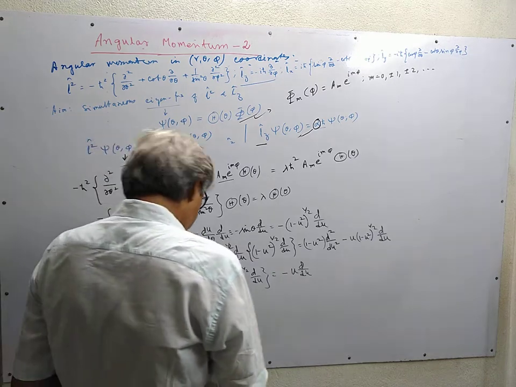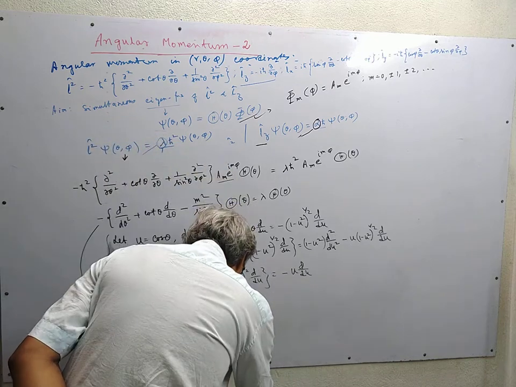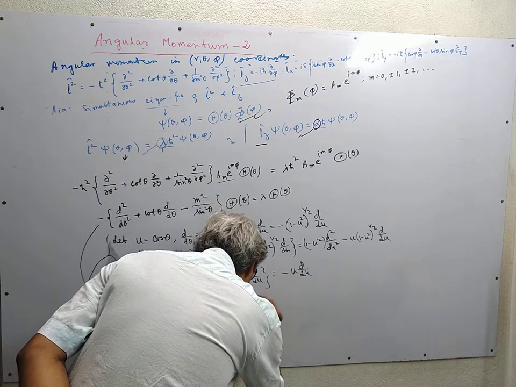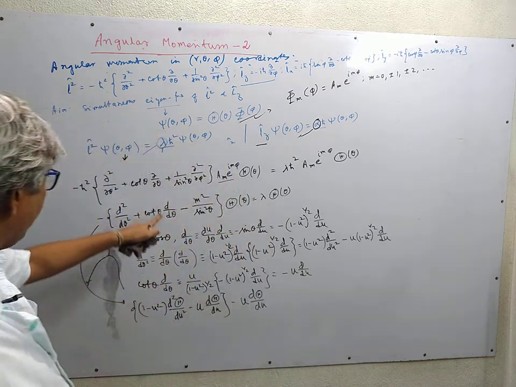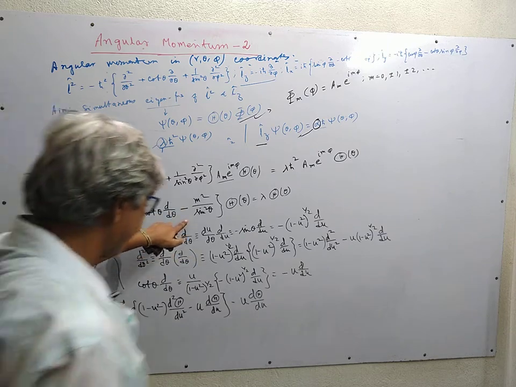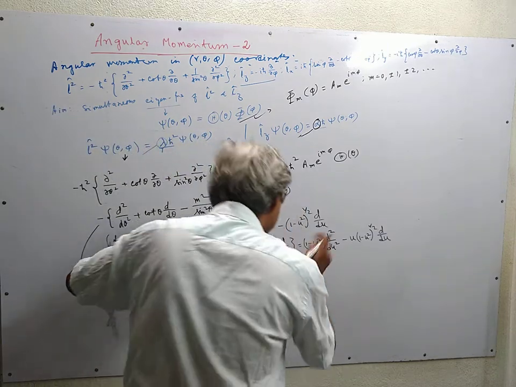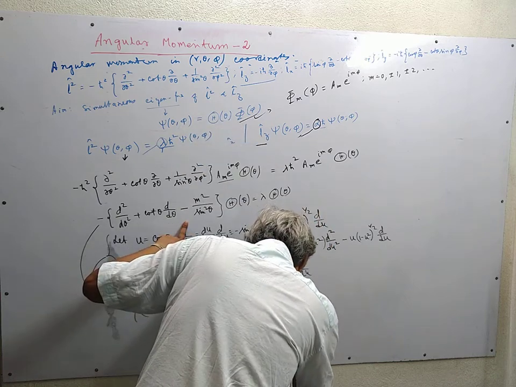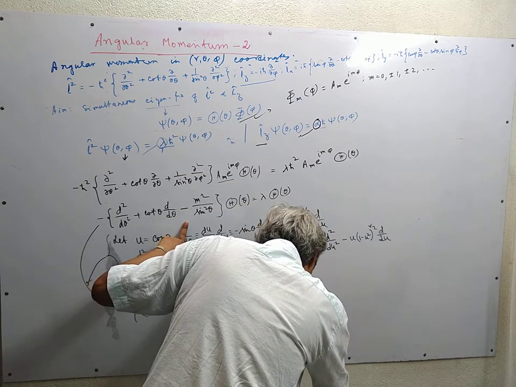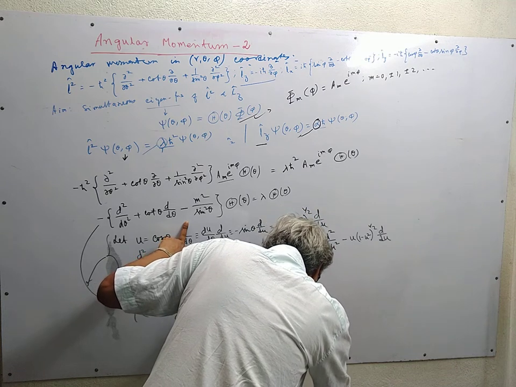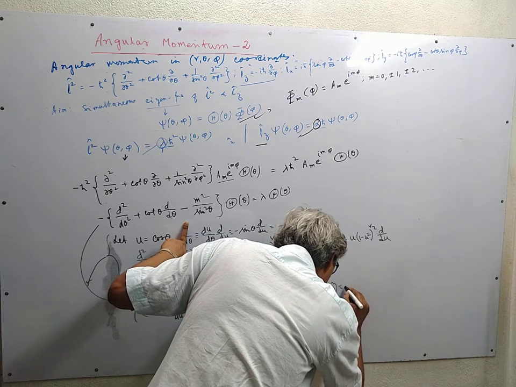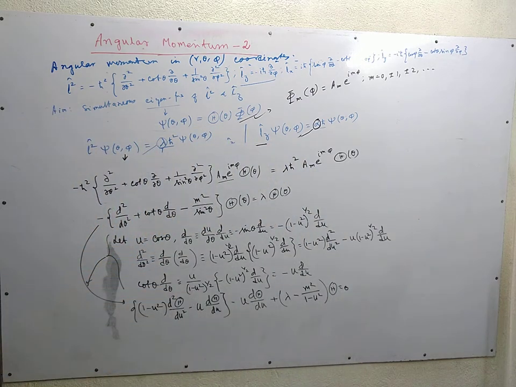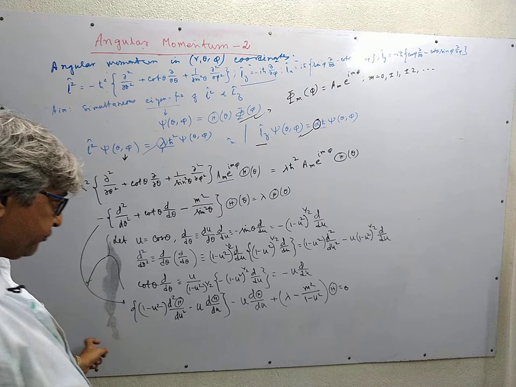Then from cot theta we have this, from the first derivative term, and from there we have this term, which is lambda minus m square upon sin square theta, and for sin square theta I write 1 minus u square. So with the substitution u equal to cos theta, the eigenvalue equation for L square takes this form.